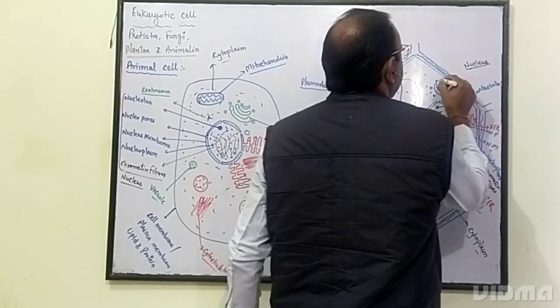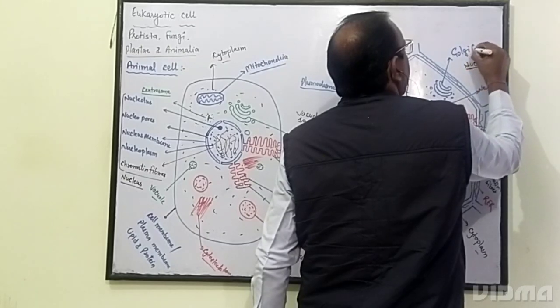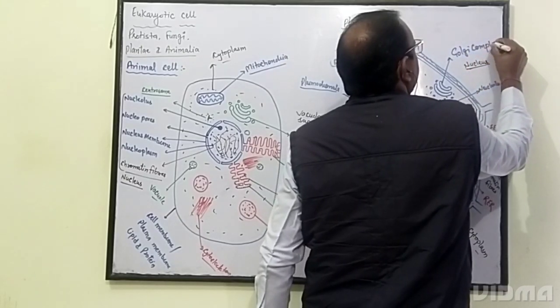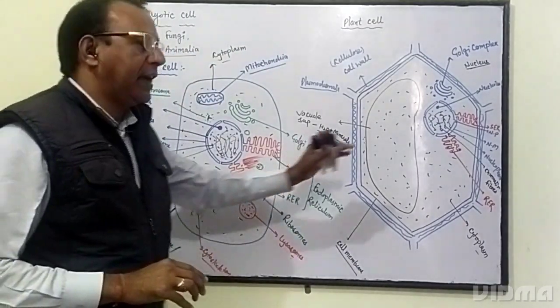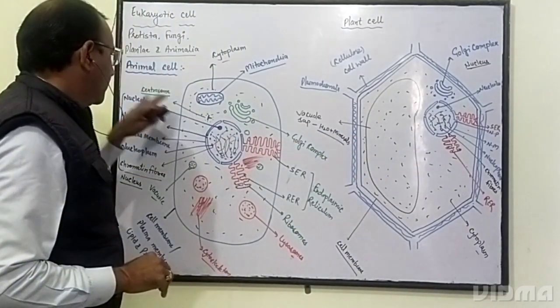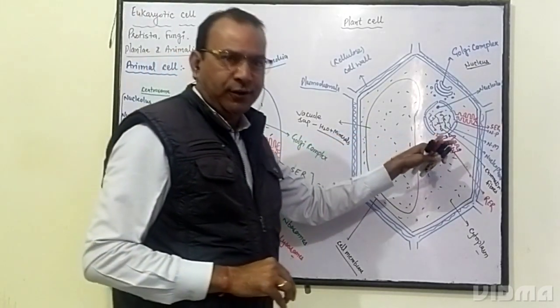This is called the Golgi complex. There is no centriole present in a plant cell, because we have studied that the centrosome or centriole is present only in animals.